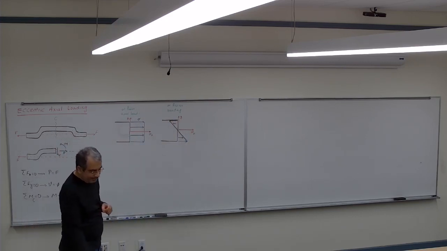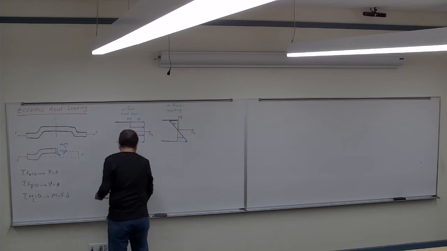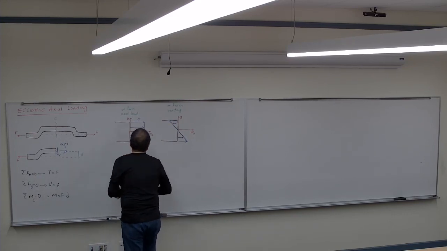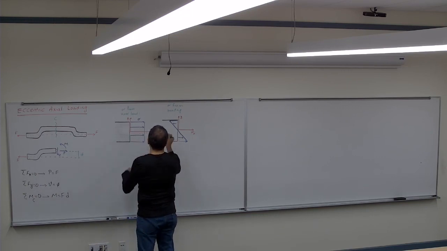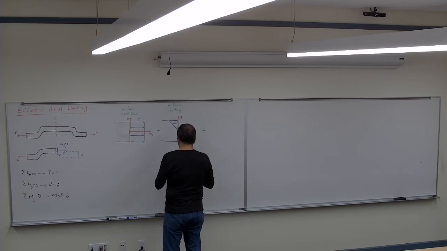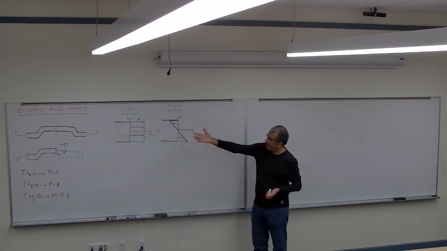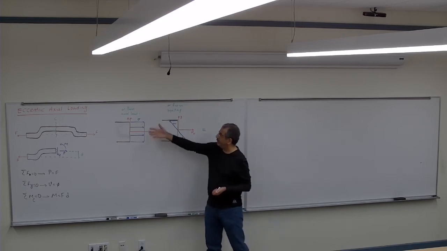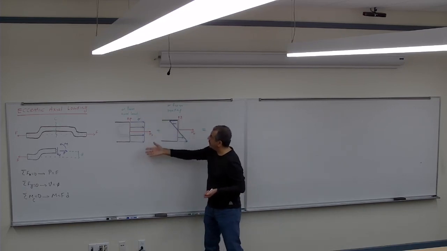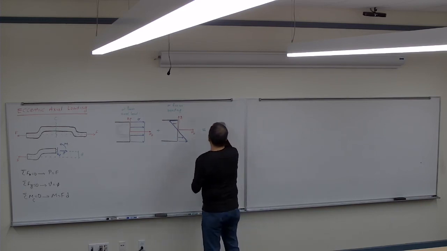And then when I want to see what would be the result, I have to say, hey, this plus this would be the result of whatever is going to happen in that cross section. So I have the sigma from axial loading, I have the sigma from bending, then I have to put them together.